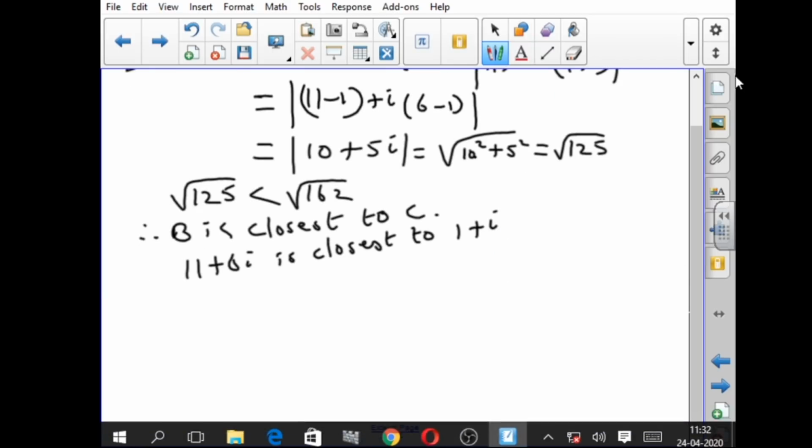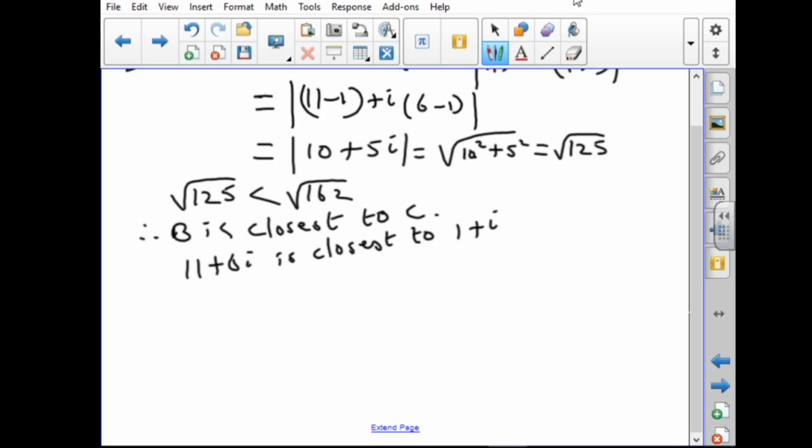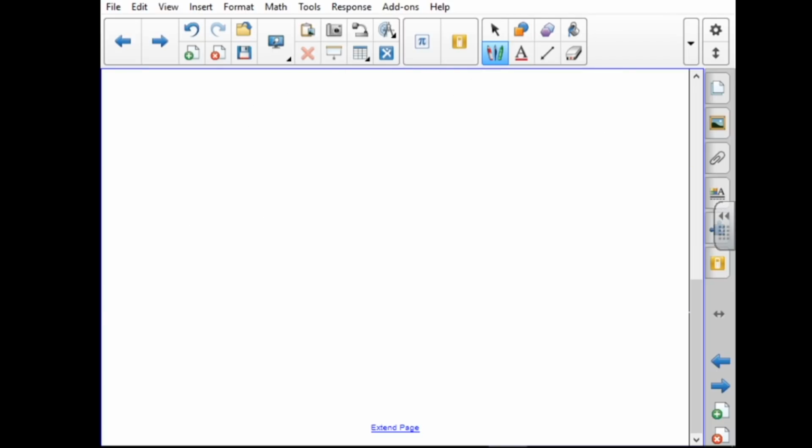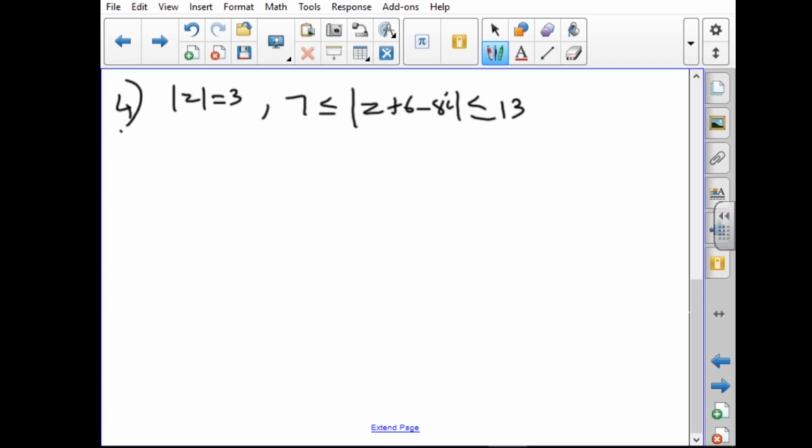Question number 4. Fourth question: given modulus of Z is equal to 3, show that 7 is less than or equal to modulus of Z plus 6 minus 8i, which is less than or equal to 13.